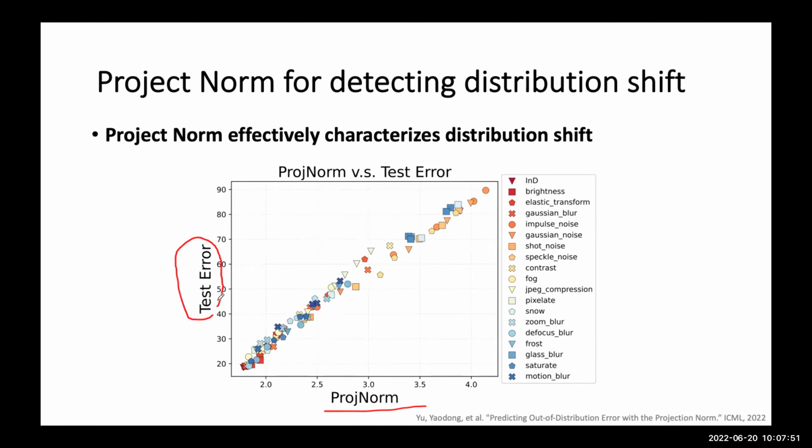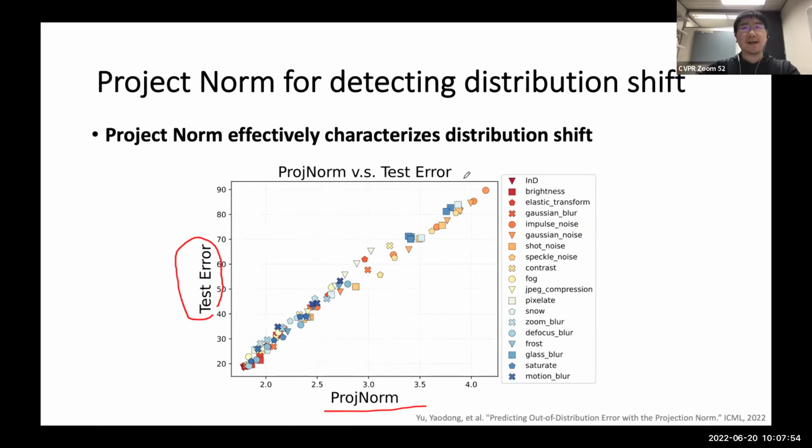You can see for different types of datasets, where every point is a dataset, they follow a very nicely distributed linear relationship. So when you are testing your model, you can calculate this indicator, and this indicator can show you whether your model will be successful or fail on a certain test set.